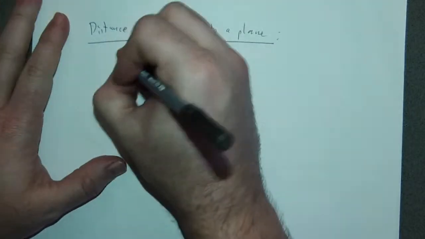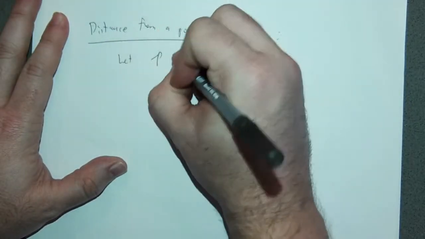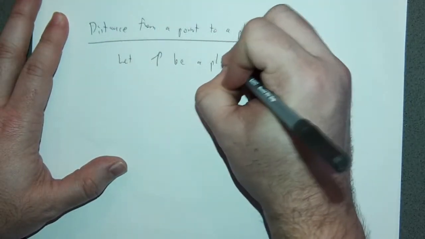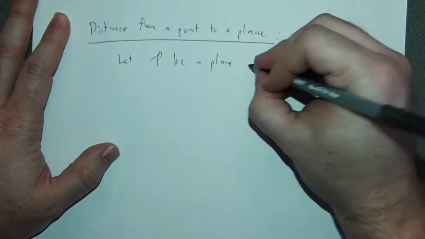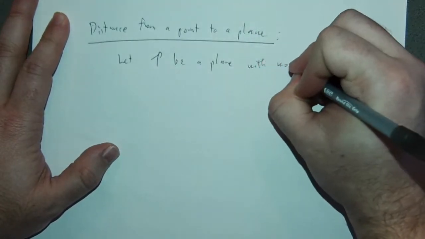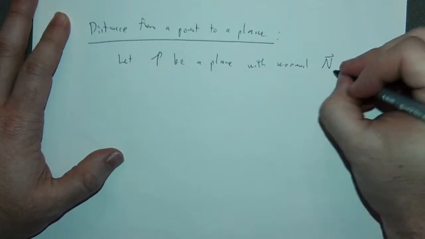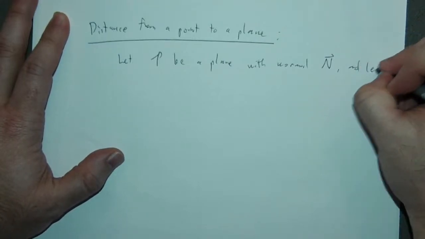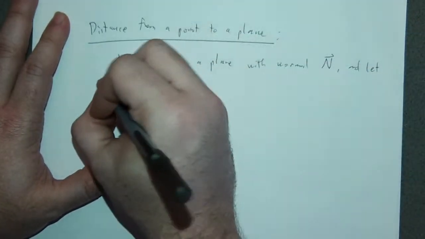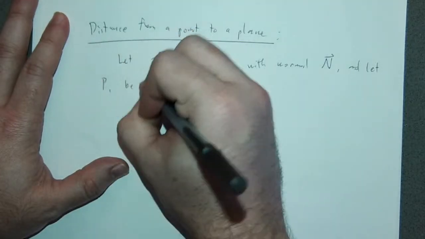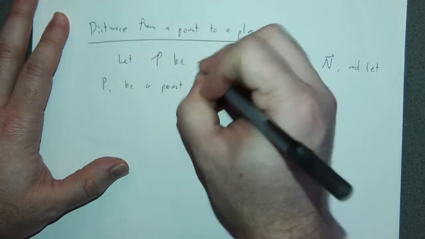Okay, so let P be a plane with normal N, and let P sub 1 be a point not on this plane.